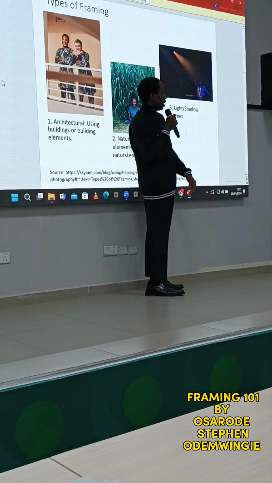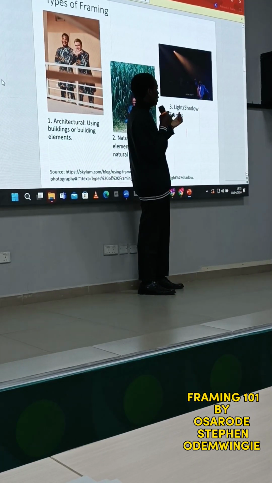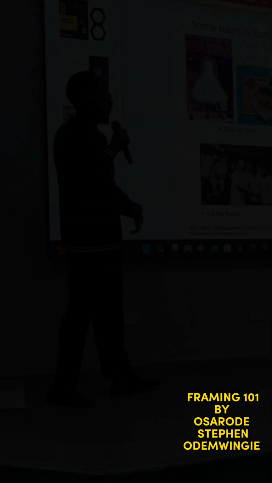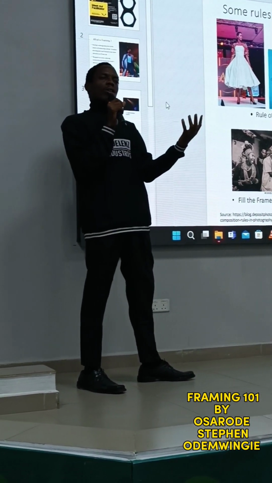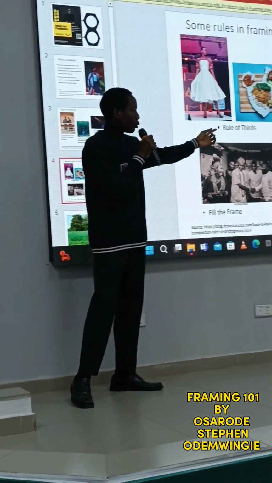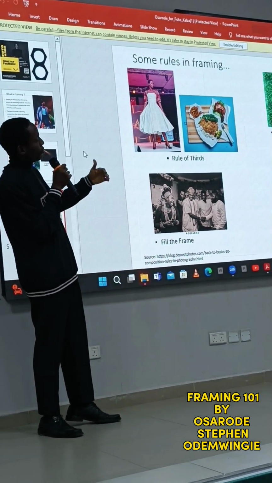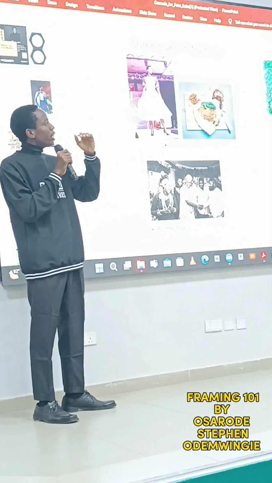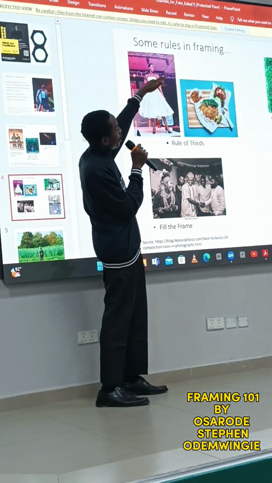The third, and not the least, is light and shadow frames. You can use light. And rules just give you a framework, something to work with. One of them is the rule of thirds, which is that for every picture there is a grid that cuts it into three parts.